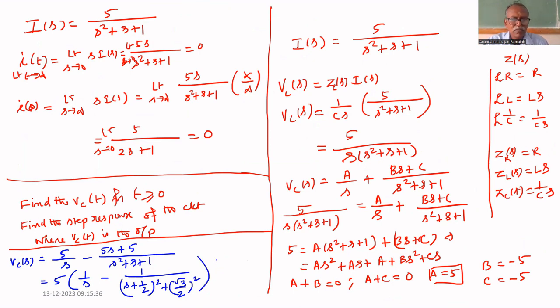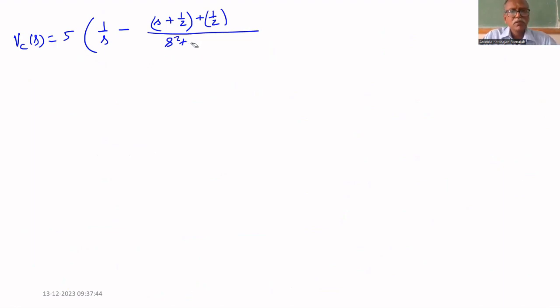If we take Laplace inverse, VC of s equal to 5 multiplied by 1 by s minus s plus 1 by 2 plus 1 by 2 whole divided by s plus 1 by 2 whole square plus root 3 by 2 whole square.